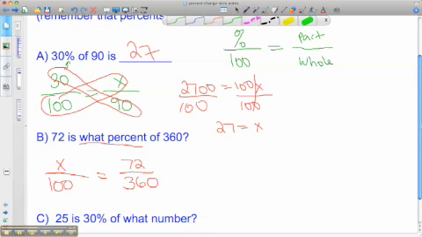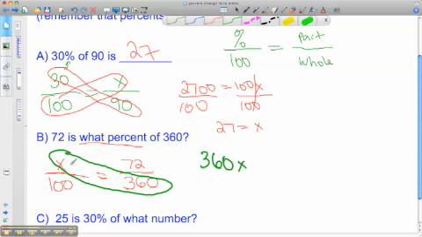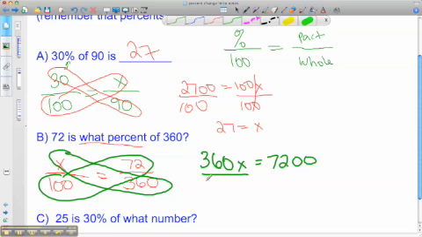And to solve it, we do the same method. So you're going to cross multiply. So you get 360x equals 7200. Divide by 360.